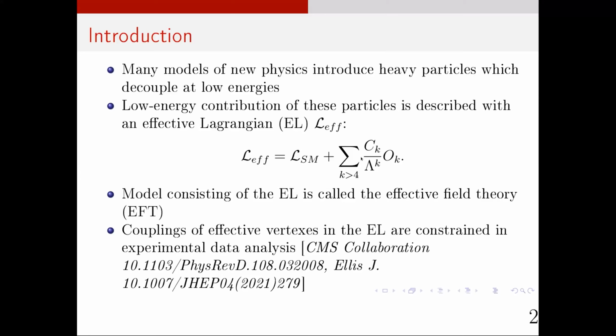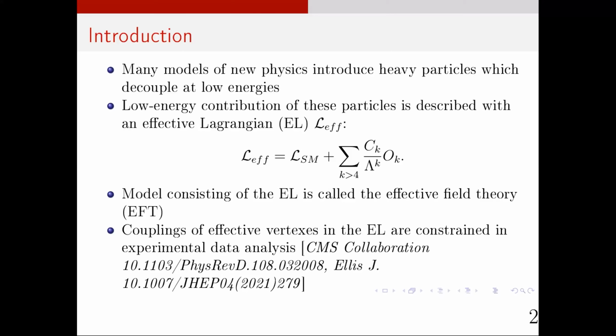Okay, so you can see that higher dimension operators have their contributions suppressed by higher values of lambda. And this model is called effective field theory. We know that this effective Lagrangian is often used in modern research to describe contributions of new heavy particles.